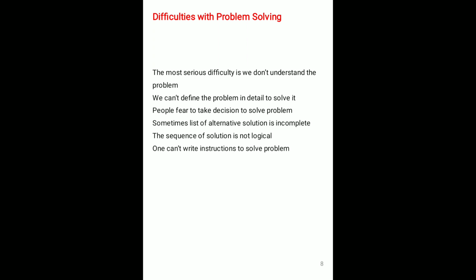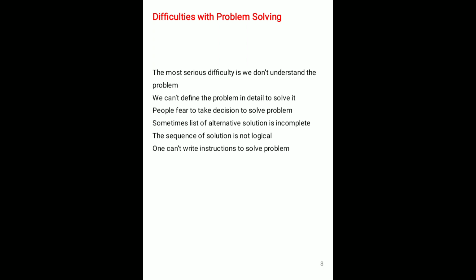If you fear to take the decision, you cannot solve the problem. You may be wrong, you may be right. At least you have to take the decision and go forward. In the next step, if you feel that you are wrong, then you can change and make your step clear. So this is the next way.